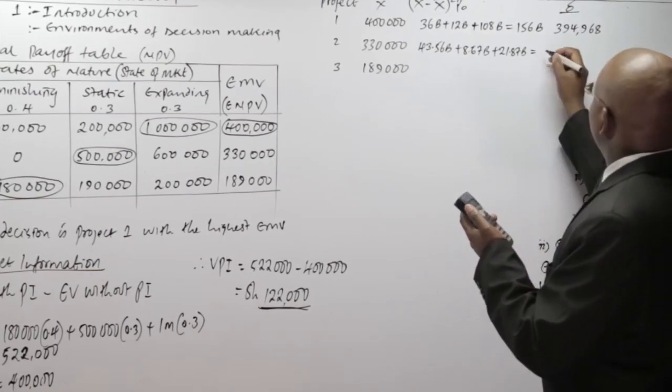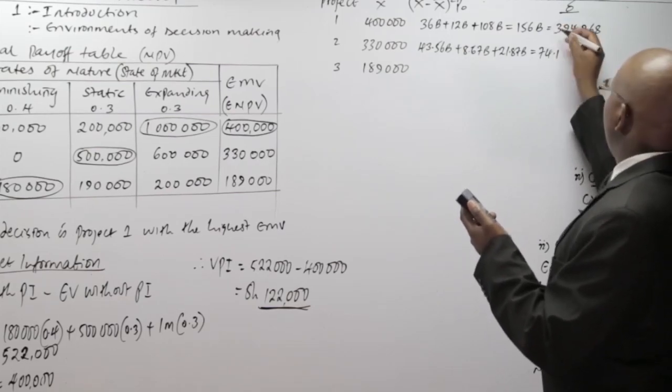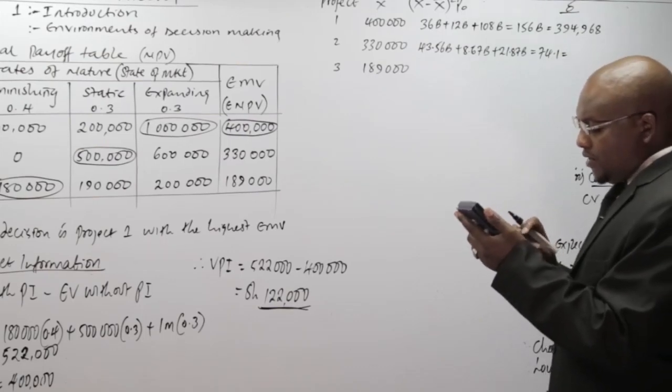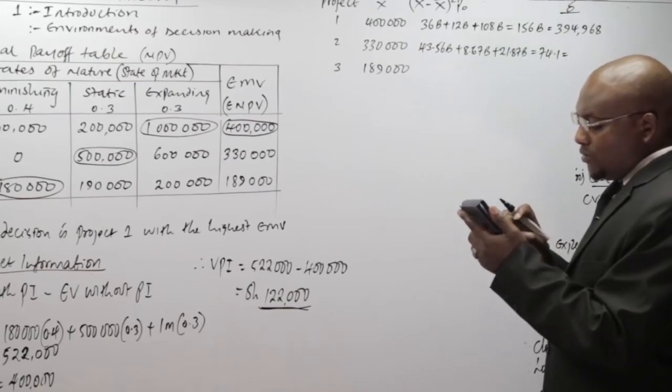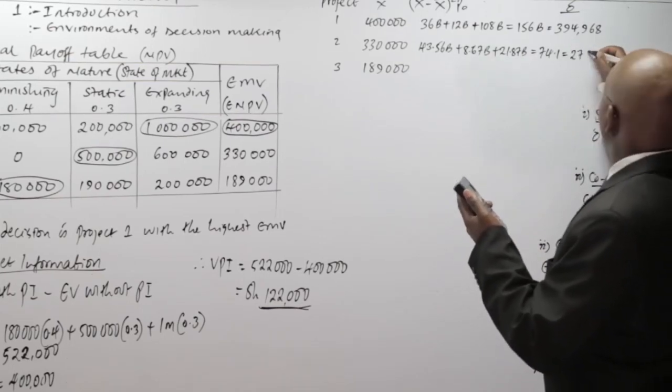This is giving us 74.1. So the standard deviation now of this, the square root of this, times 1,000, is giving us 272.